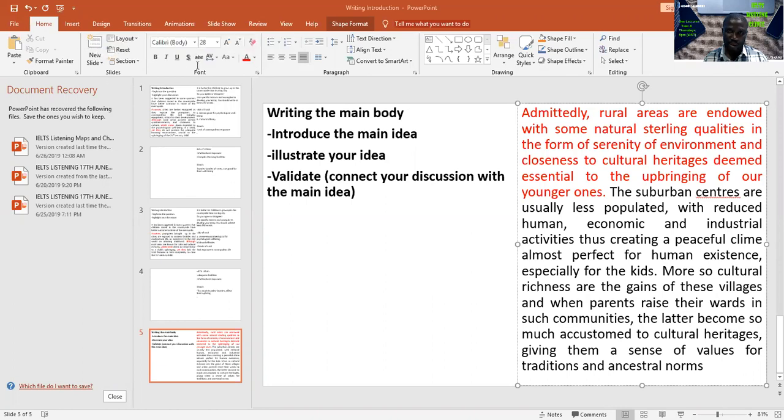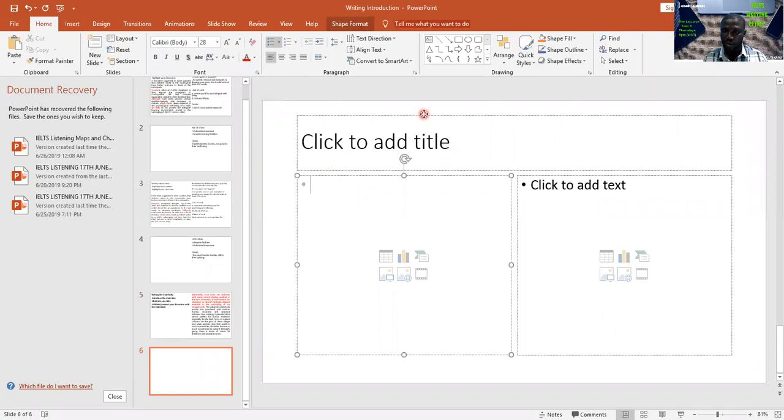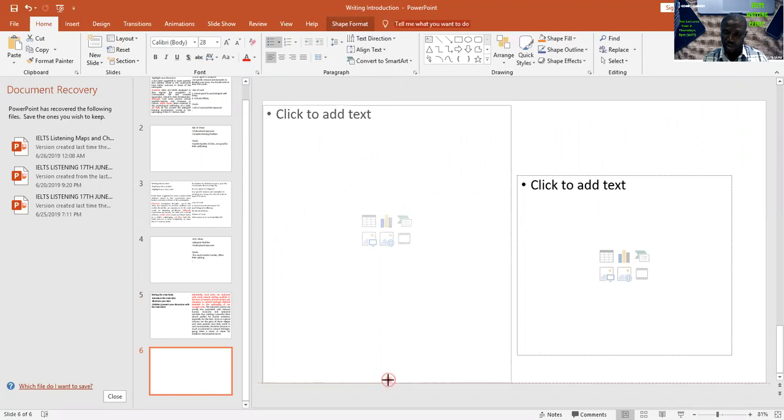Sorry, the slide is having a problem with transition. Yes, that's what I want to do now. So let me just create a profile and go ahead. I want to first of all introduce, okay, so this is how I'm going to start. I said mega cities, okay, because it offers young children.